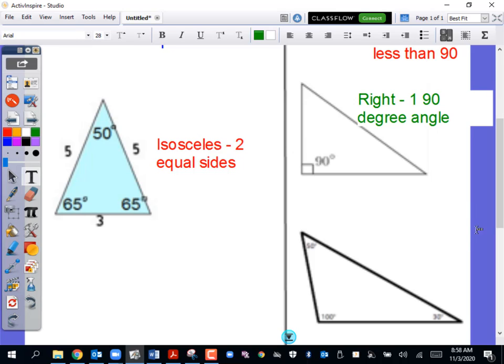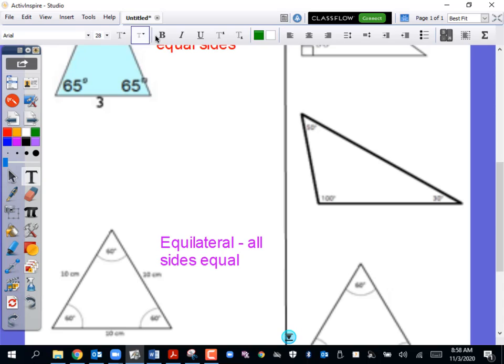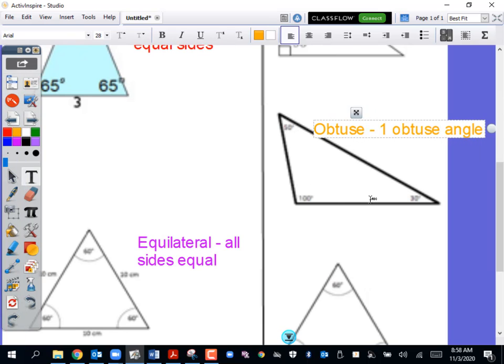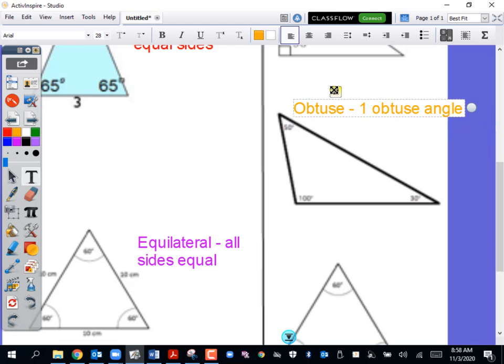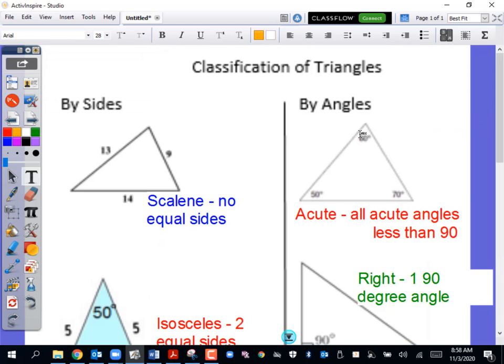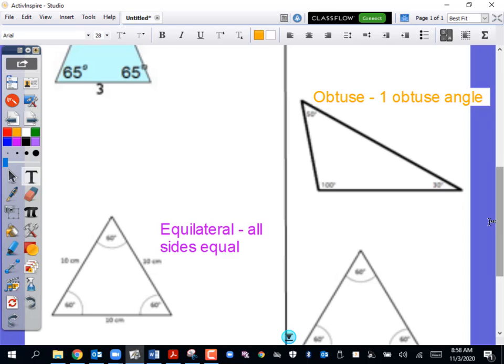And the last one down here, well, it's not the last, it's the second to last one. What color have I used? Orange. It's going to be an obtuse triangle because it has one obtuse angle. Okay. And obtuse, how do we know if an angle is obtuse?